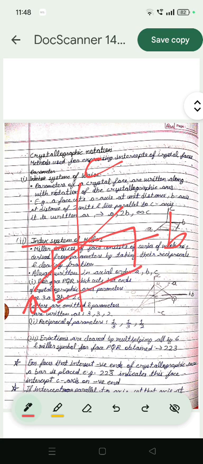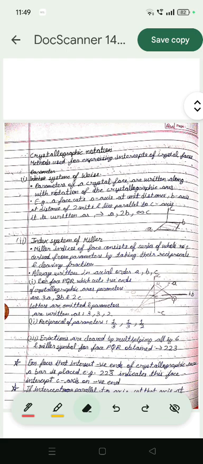So this is the crystal face. If we extend it, it will cut the a axis, cut the b axis, but it will remain parallel to the c axis. This is the parameter system of Weiss.